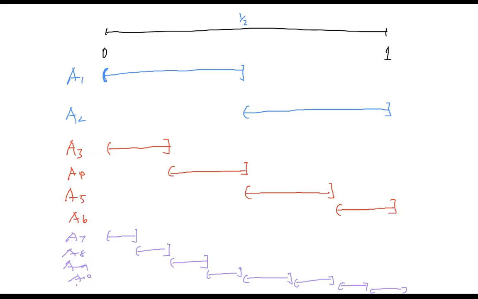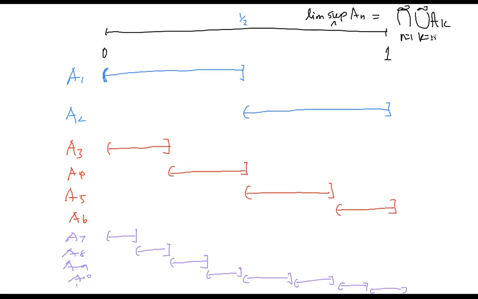So let us ask the question, what is the set lim sup A_n? By definition, this is the intersection over n of the union of A_k, k from n to infinity.